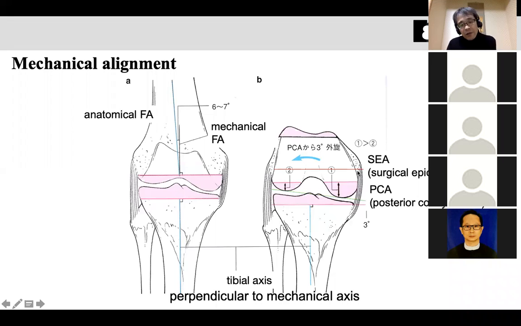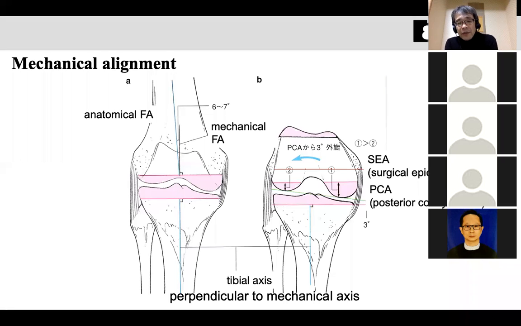This one must be the flexion extension axis. So the knee joint will rotate around this line. So this line is considered to be the SEA, surgical epicondylar axis.